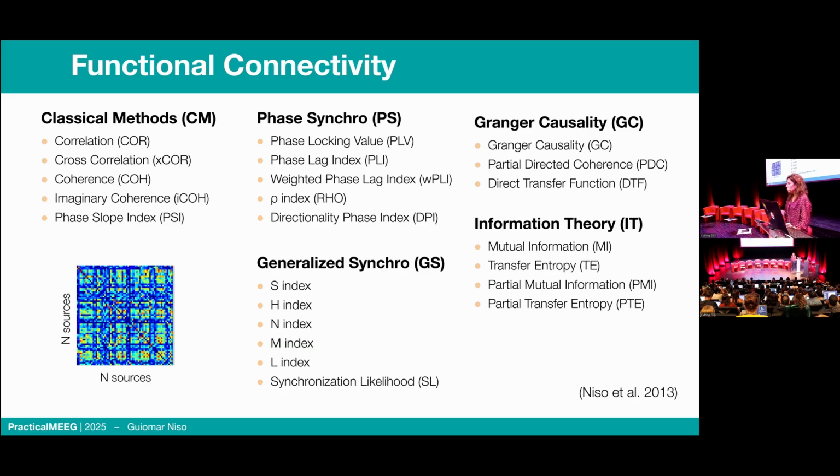There are also ones based on information theory, like Shannon entropy, mutual information, transfer entropy. There are different ways. I just wanted you to know that you can do connectivity, but be careful, and that many of these metrics, when you try to reproduce them, it's sometimes not that easy.